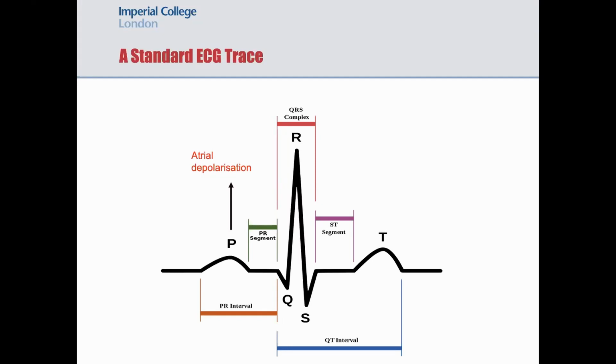The PR segment is the delay at the AV node, and this is followed by the QRS, which corresponds to ventricular depolarization, and that's when your ventricles contract to create your cardiac output. And then finally you have your T wave, which is ventricular repolarization, so that gets ready for the whole thing to repeat itself once again.